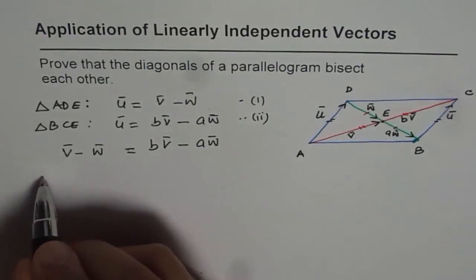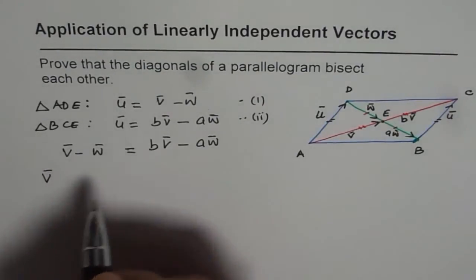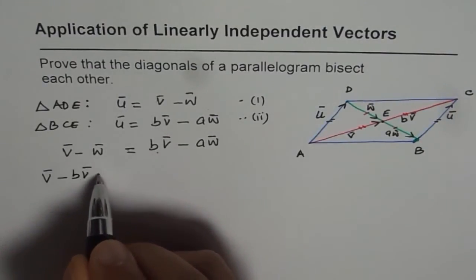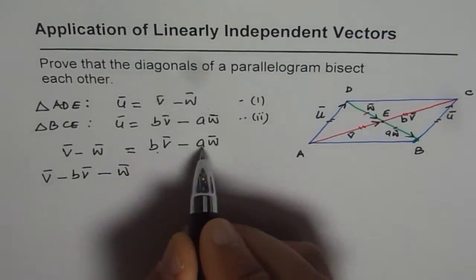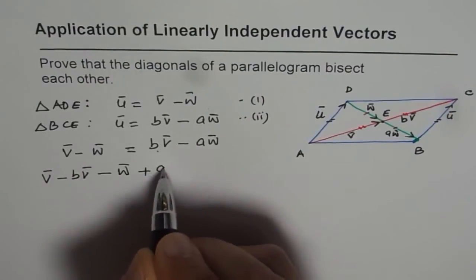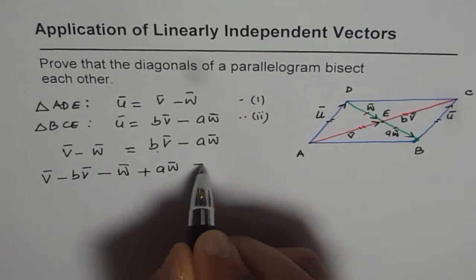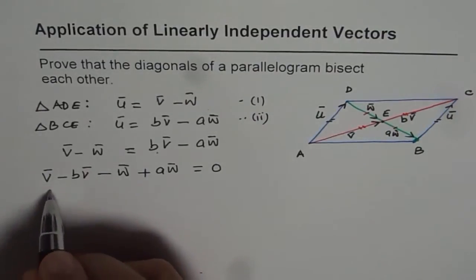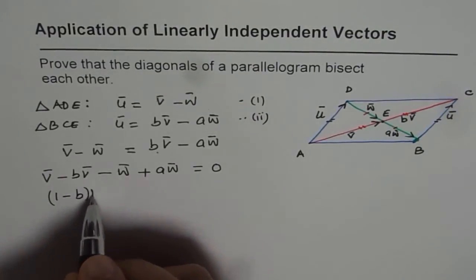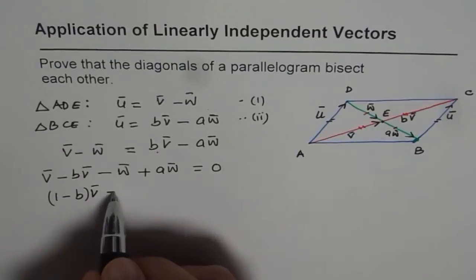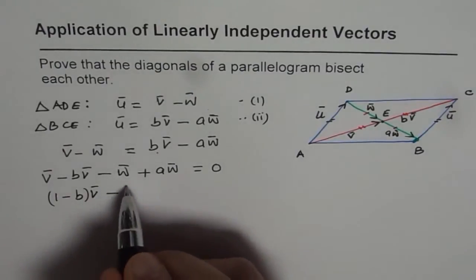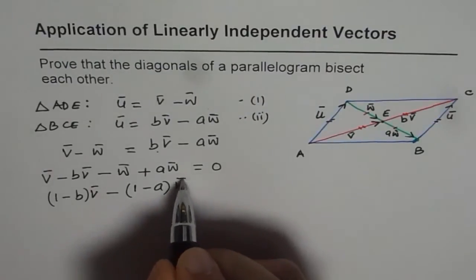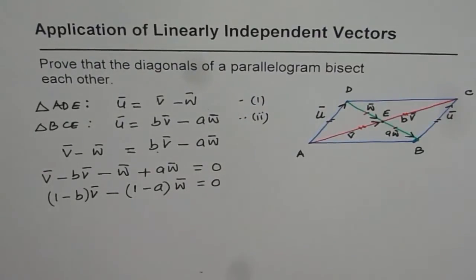So we get V minus BV, and bringing the W terms over, plus AW, equals 0. Now we can take V common, so we get (1 minus B) V. If I take minus W common here, then I get (1 minus A) W, equals 0.